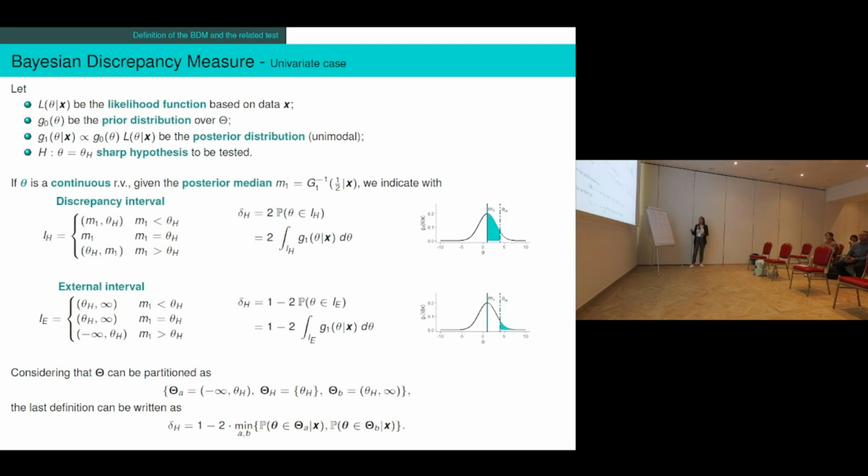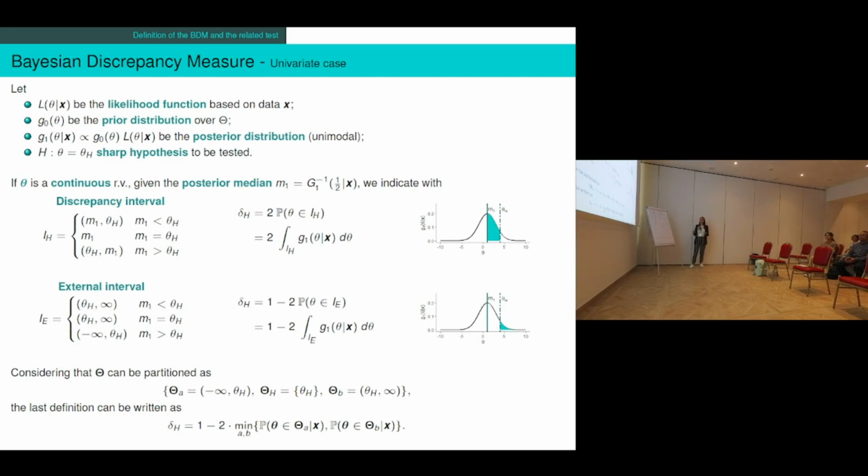What is this interval? For example, if M1 is smaller than theta_H, then the interval will be the interval between the posterior median M1 and theta_H.